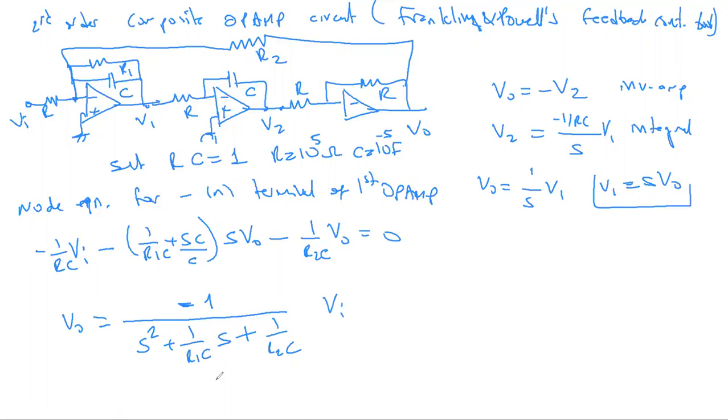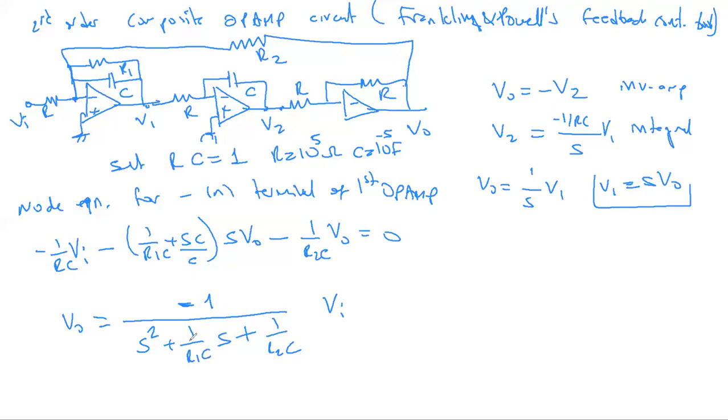So I get this second order system with the denominator defined by R1 and R2 coefficients. Since C is already fixed, I have two parameters to assign any denominator of the second order system transfer function. But the numerator part is equal to minus 1.